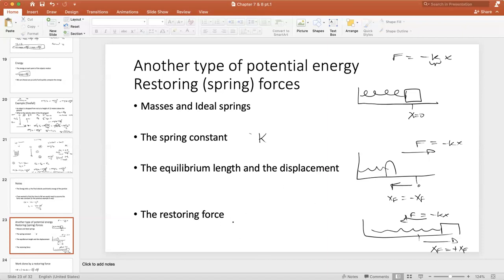This whole thing, though, is actually a model of something called a restoring force. And in nature, we see restoring forces all the time. In atoms in a lattice, as the atoms vibrate around, there's a natural point where they want to sit. Each atom in a bar of silver wants to sit a certain distance from its neighbors, and if it moves a little bit too far this way, it gets pulled back to the right. And if it moves a little too far this way, it gets pulled back to the left.